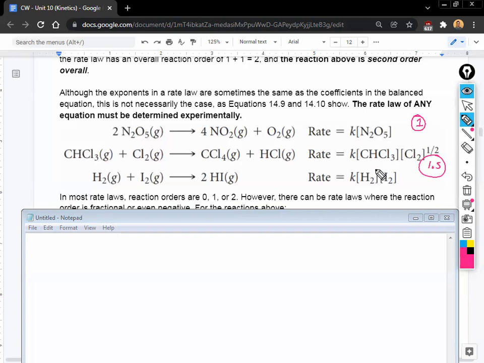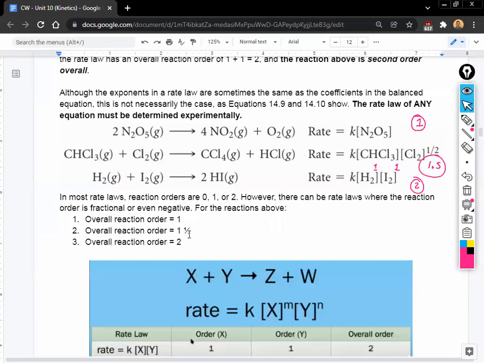Okay, so what's the exponent for H2? 1. What's the exponent for I2? So what's the reaction order? 2. Yeah, there you go. It's okay, guys. If you're gonna be wrong, just be loud and wrong. So the answers are 1, 1.5, and 2. Okay, that's how you do it.